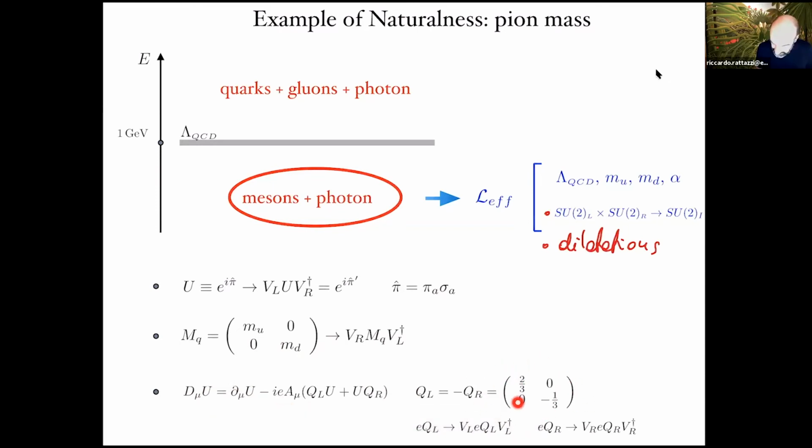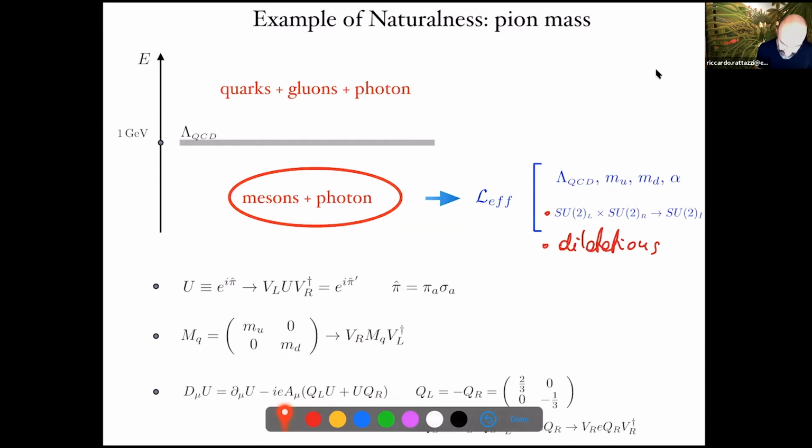Now, if you treat these Qs as fixed parameters, this breaks the chiral symmetry. On the other hand, if you formally allow these charge matrices to also transform under the chiral symmetry, then this derivative transforms covariantly under chiral transformation.